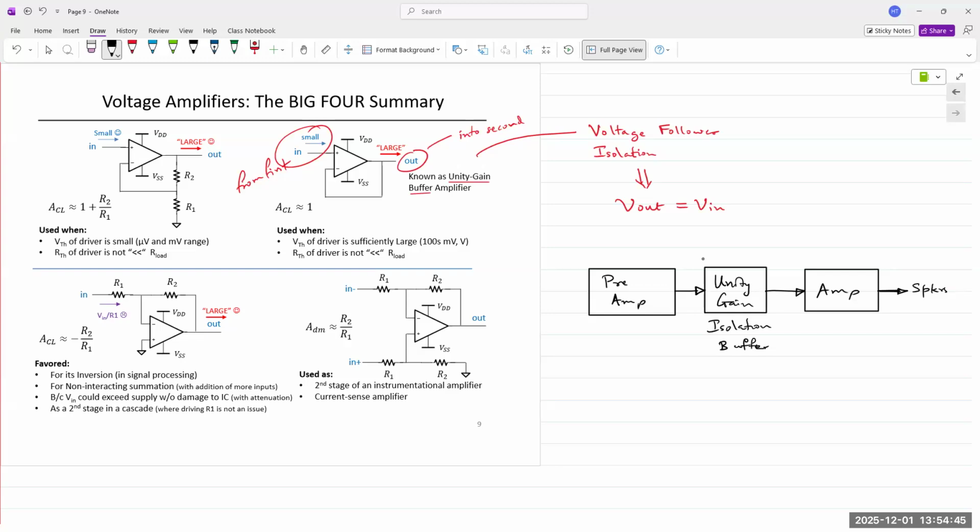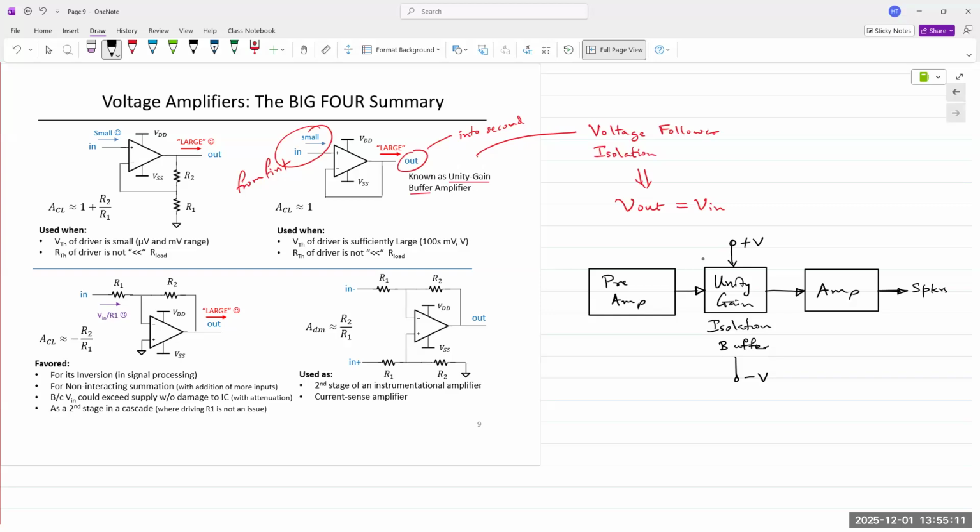So the output of the preamp goes into the voltage follower and comes out exactly as it is. However, no current is coming from the preamp. All of that comes from the power rails of that unity gain buffer. Okay, power rails plus VDD and minus VSS.